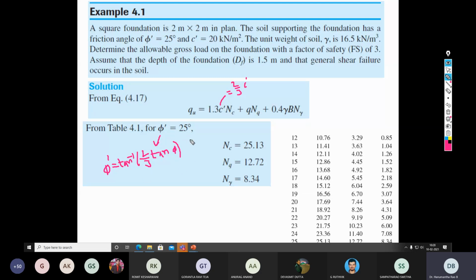This is valid for the local shear. Now by doing so, you are slightly underestimating the value of QU. It's very simple to understand. Say for example, under general shear condition, phi dash is 25. Now under local shear condition, how much will this become?